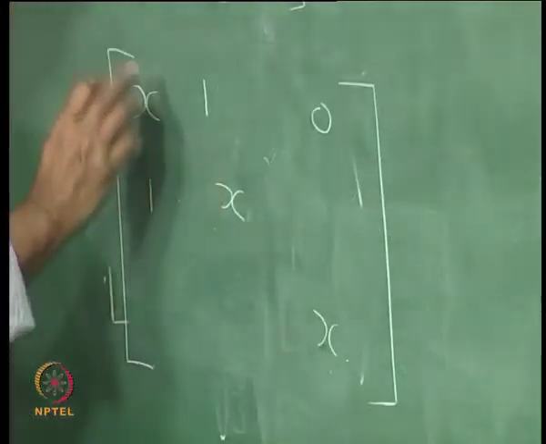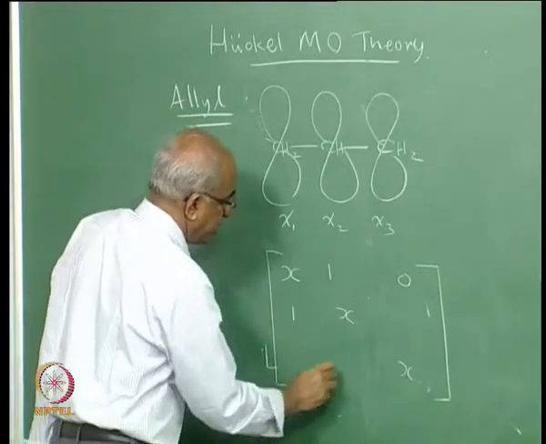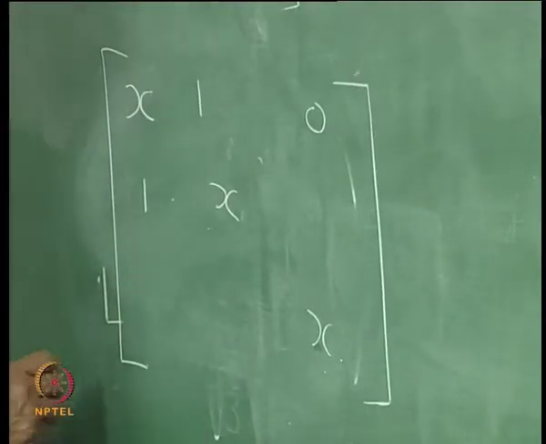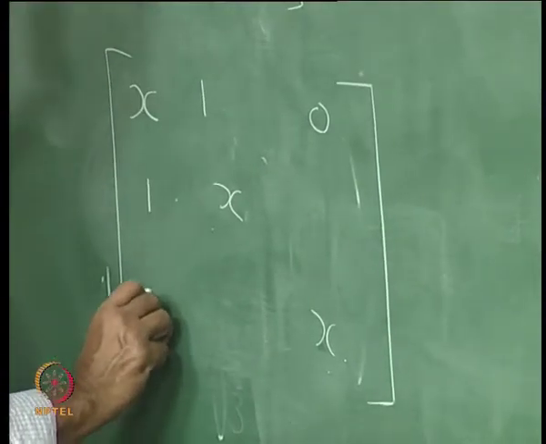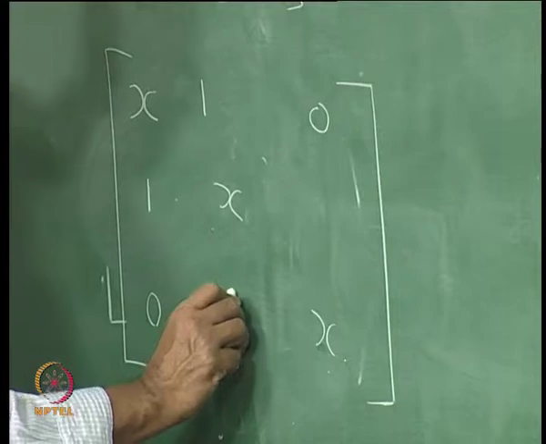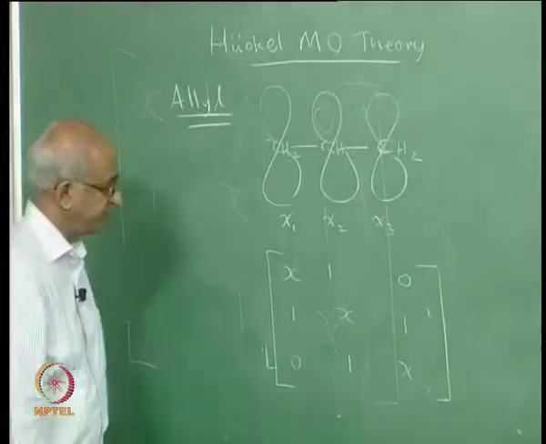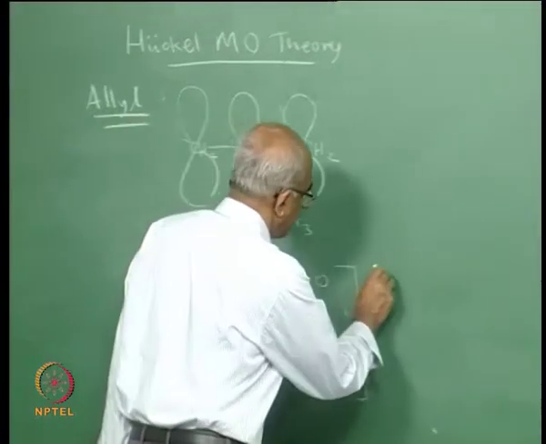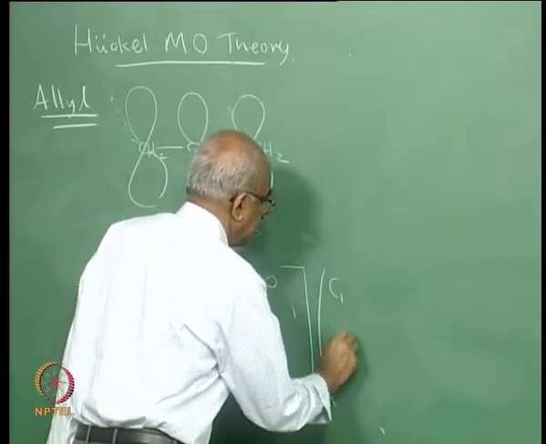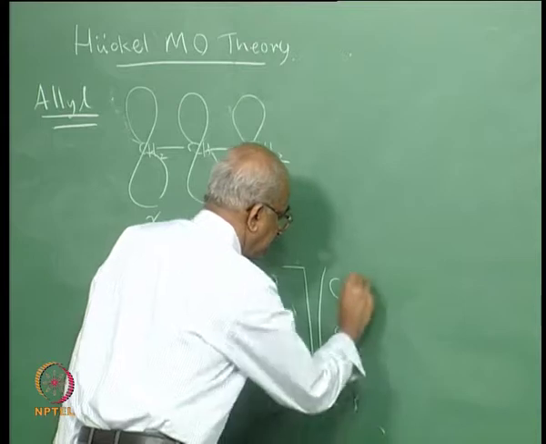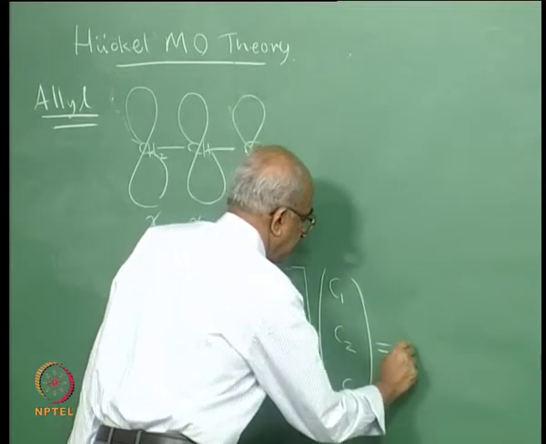Here again you will have a 1 because 2 and 1 are neighbors. Then here you will have a 0 because they are not neighbors. Then this is 1 and that also is 1. So, this is the structure of the Huckel matrix. C1, C2, C3 must be equal to 0.